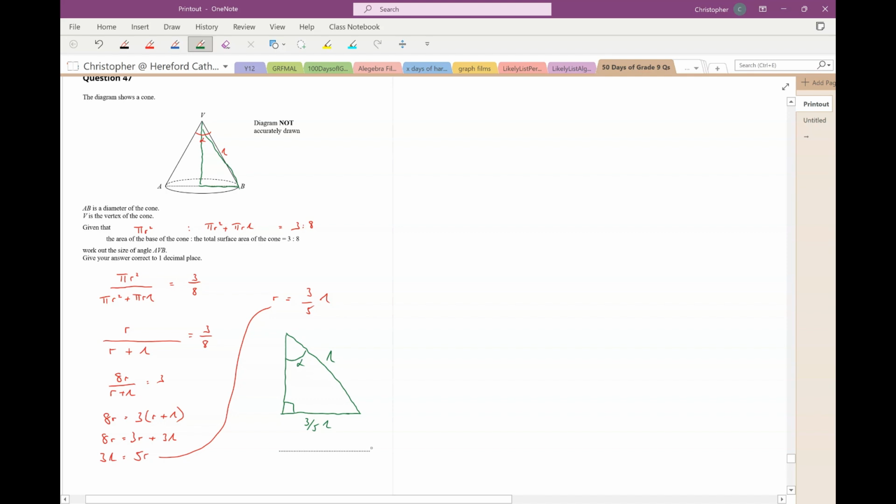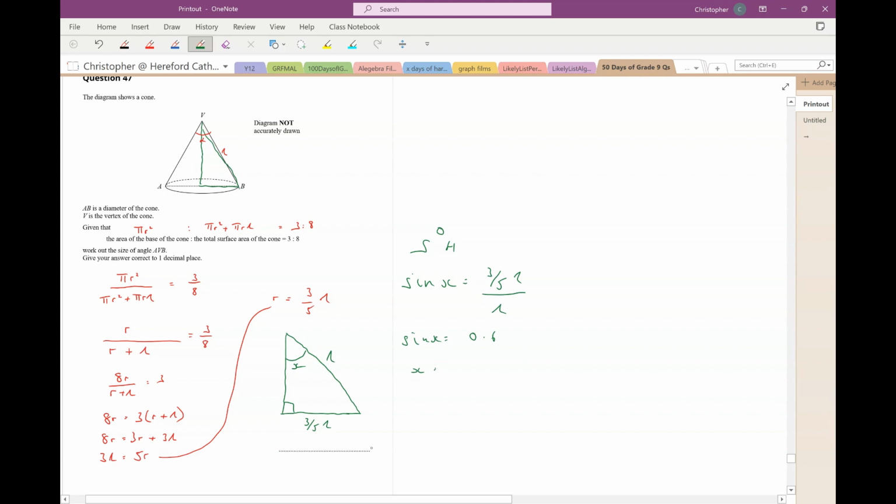I'll call it x, since it's half of the angle alpha. It's going to be sine. Sine of x is the opposite, 3/5 l, over the hypotenuse l. So sine of x is just 0.6, 3/5. So I just need to inverse sine 3/5 to get x.